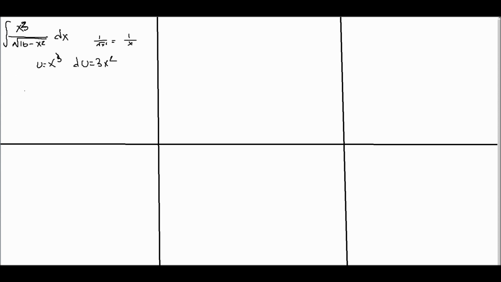So we're going to say that the integral of x cubed over the square root of 4 squared minus x squared dx. And now we're going to establish that x is equal to 4 sine theta, and that means that our dx is going to equal 4 cosine theta d theta.